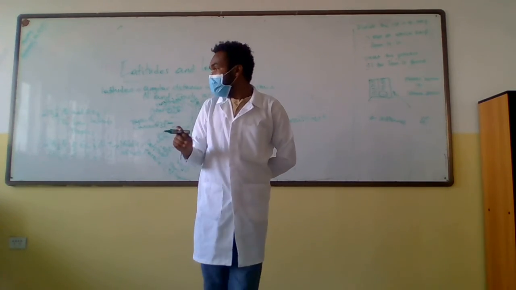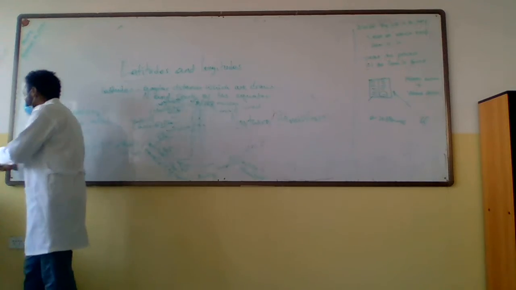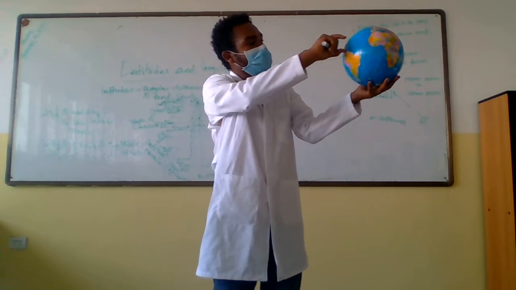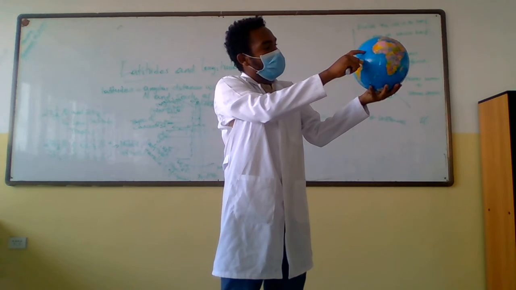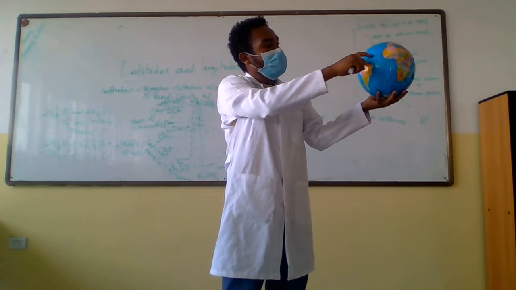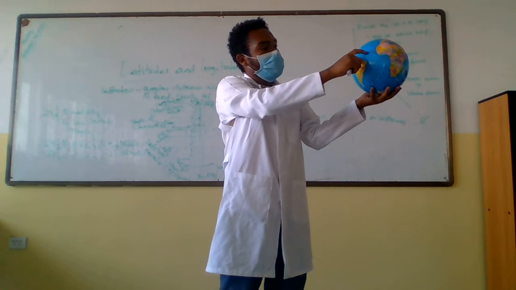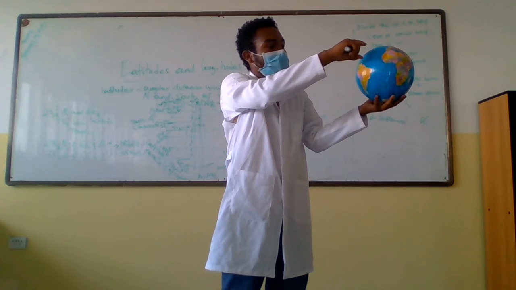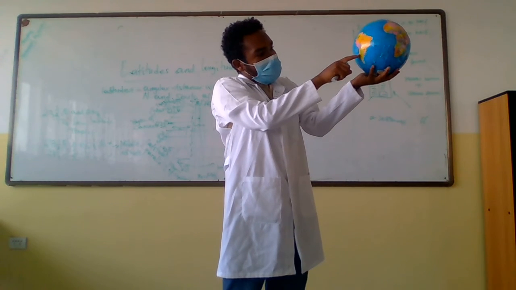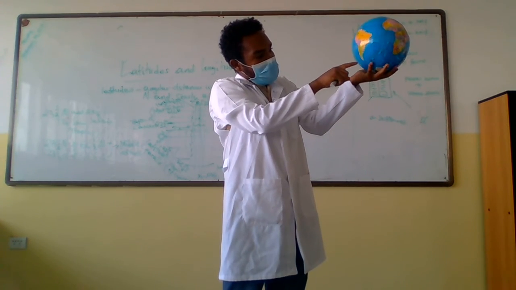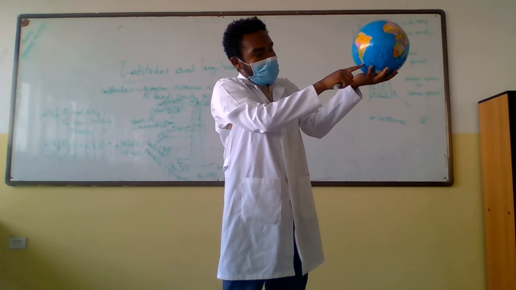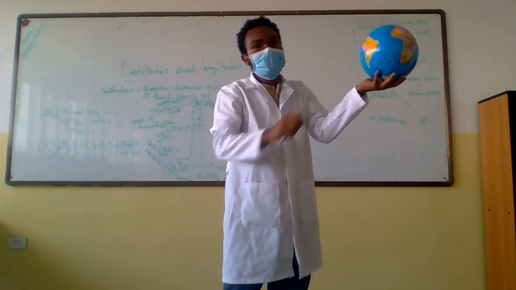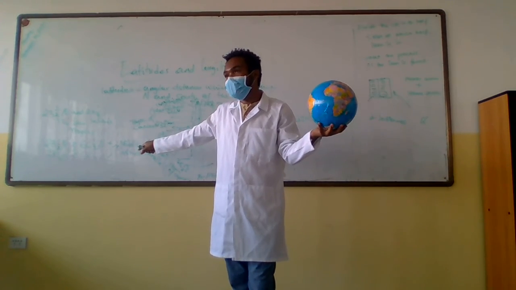Yes. Here, let me show you on the globe. The place between the Tropic of Capricorn and the Tropic of Cancer and the Arctic Circle, and in the south between the Tropic of Capricorn and the Antarctic Circle, is called the middle latitude.